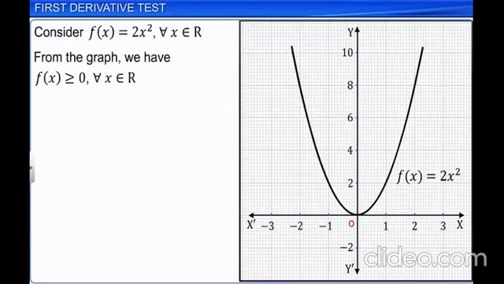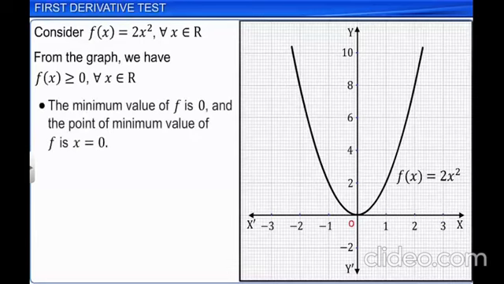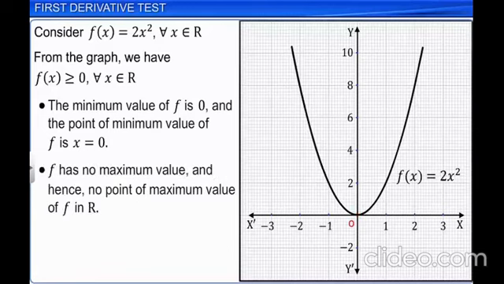This means that the minimum value of the function is 0, and the point of minimum value of f is x equals 0. Also, there is no maximum value for this function, since the value of the function increases as x increases from 0, and also the value of the function increases as x decreases from 0.